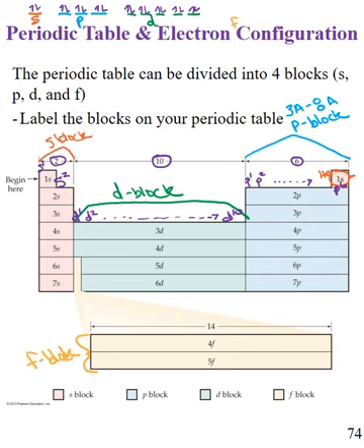Okay, now let's look at the D block. How many electrons can the D subshell hold ultimately? It can hold a total of 10. So the last subshell will be a D1 for scandium, yttrium, and lanthanum. Then we have D2, D3. We go all the way up to D10.